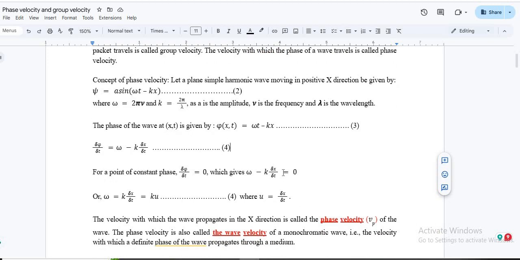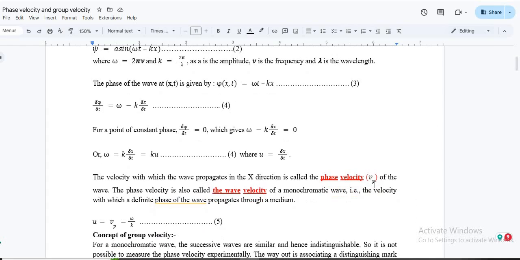Now, we know dx/dt represents the velocity of that particular wave, so I am representing it by u. Normally this u we represent by Vp, and this is known as the phase velocity of that particular wave.